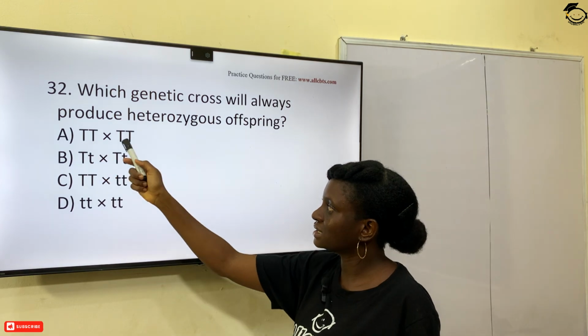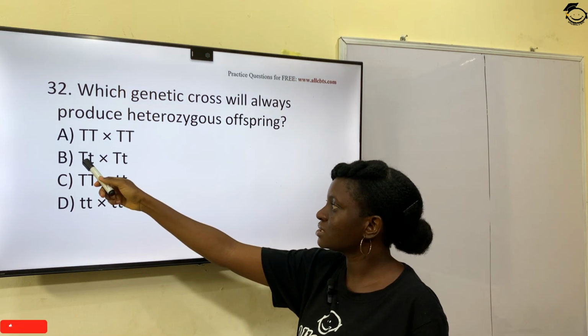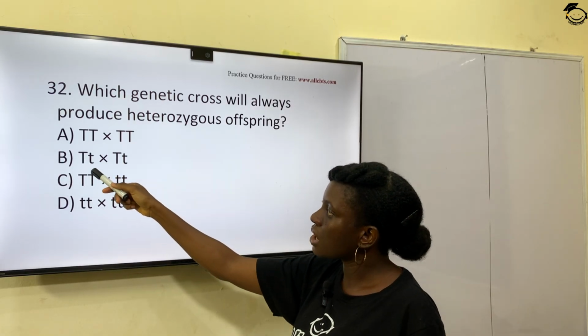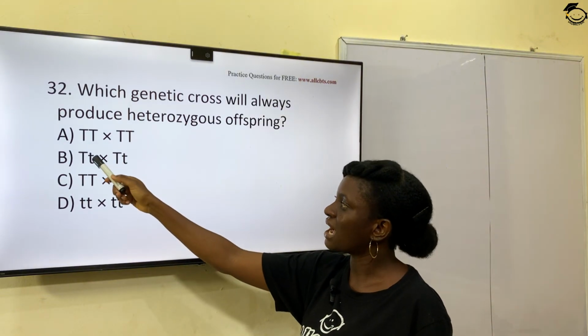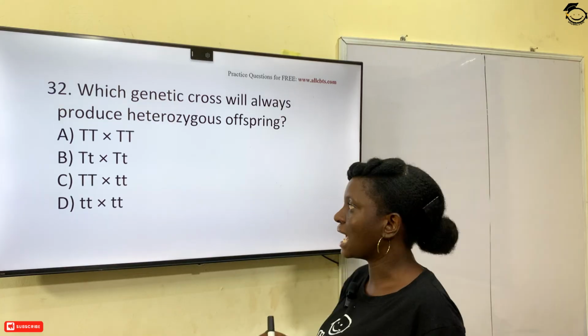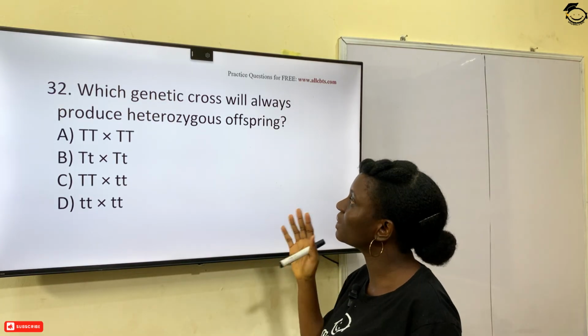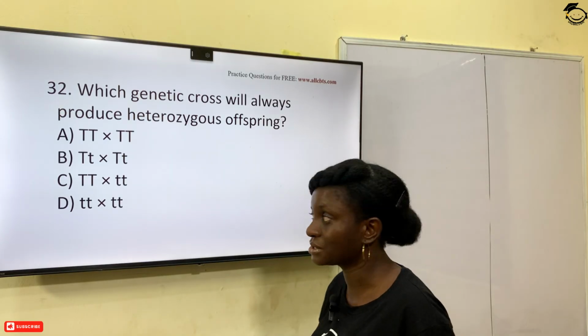So we have TT, which will produce homozygous, they will all be tall, but in some crosses we have homozygous and also some that are heterozygous. But the question is asking which one will produce all heterozygous.